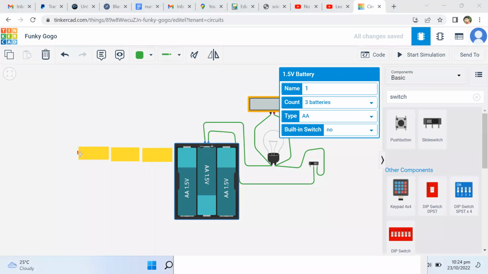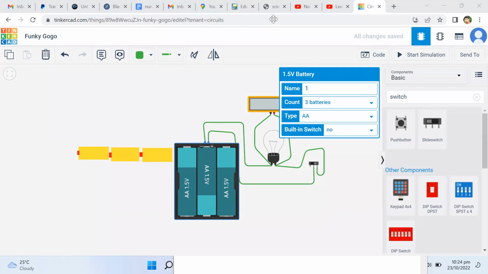If this is the positive edge of the battery, and this is the positive edge of the battery, and this is the positive edge of the battery, please note that the positive edge of this is connected to the bulb positive edge, and the negative edge is connected to the positive edge of the next battery. Negative of this battery is connected to the positive of the next battery, then the negative will be connected to the negative edge of the bulb. That is how the process moves on. So this is called a serial connection.